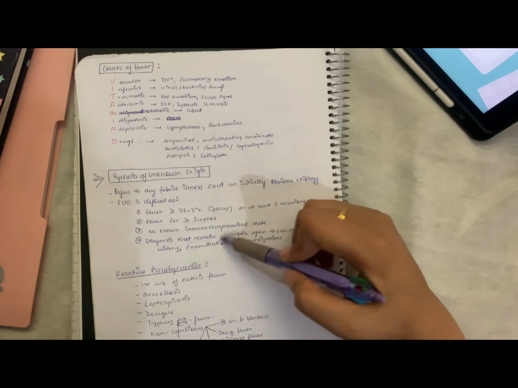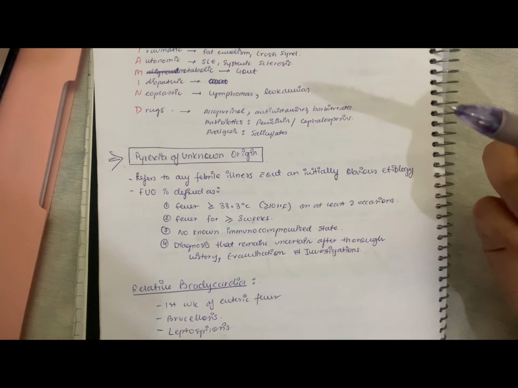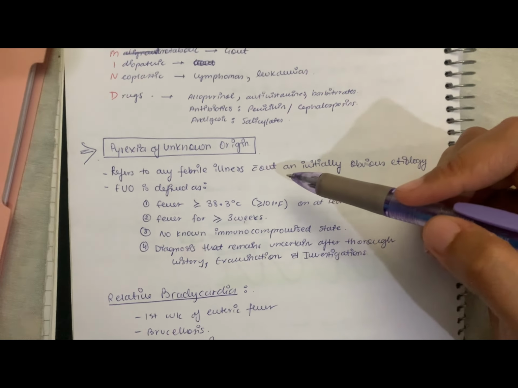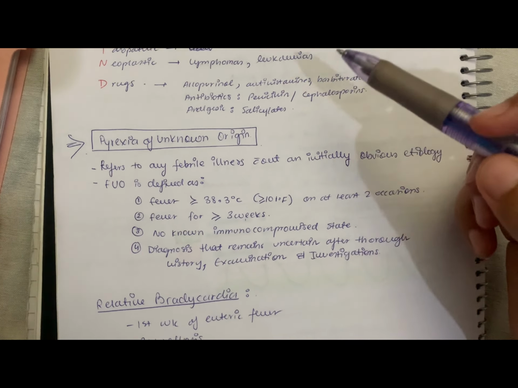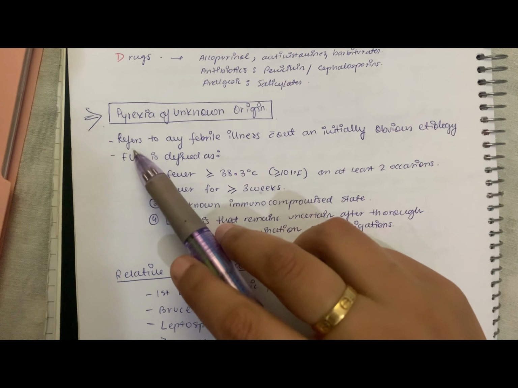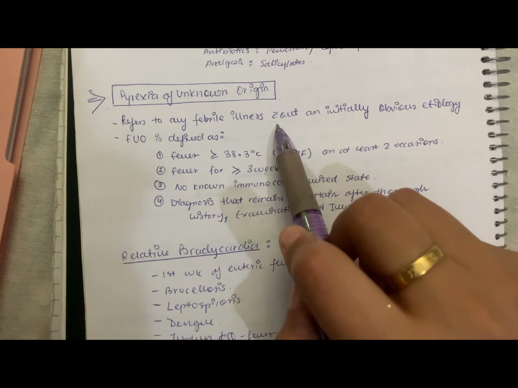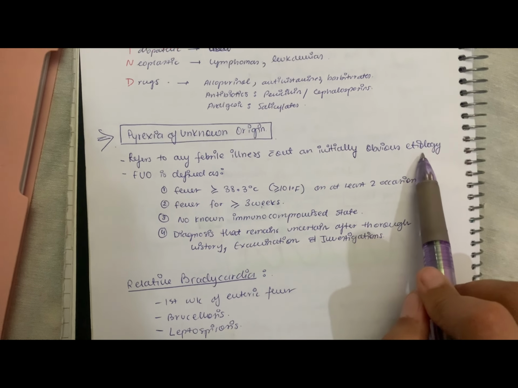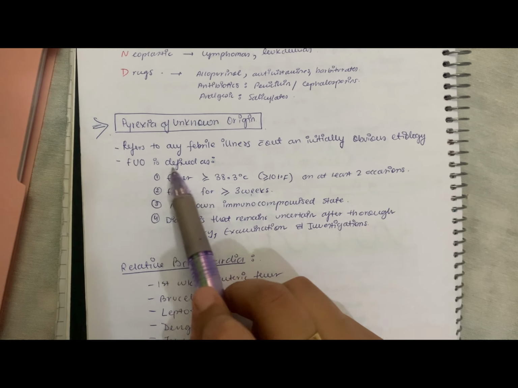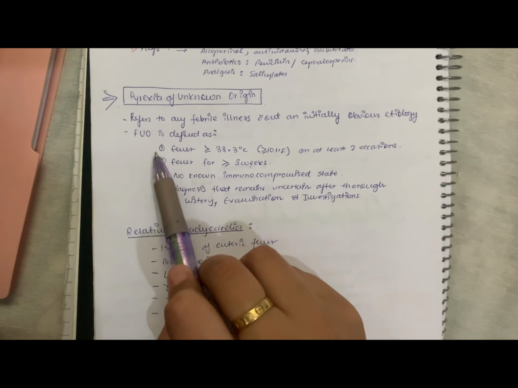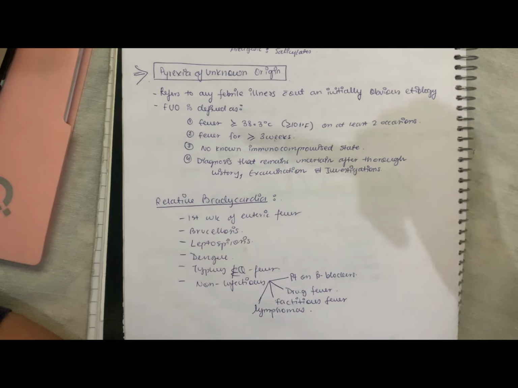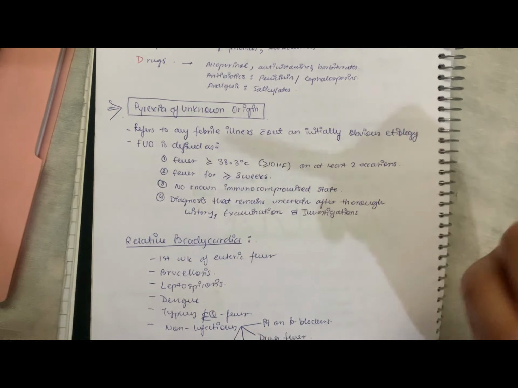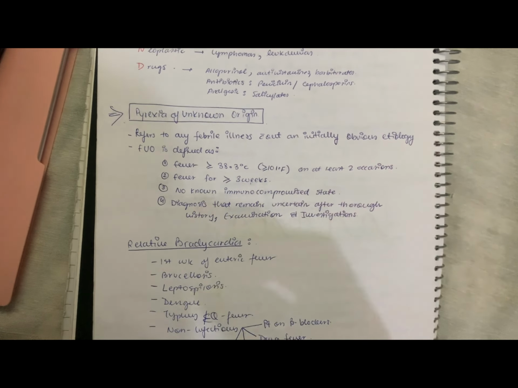Now, another very frequently asked topic or question in your vivas, in your exams, is pyrexia of unknown origin. So what is pyrexia of unknown origin? This refers to any febrile illness with or without an initially obvious etiology. Now again, the fever of unknown origin is defined as these 4 points. Whenever your examiner is asking you, you must recite these 4 points to get full marks.